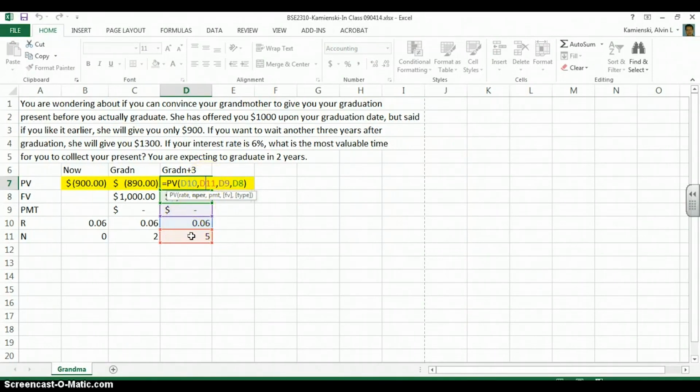D11 is now 5 years away. D9 represents the $1,300. And then we don't have to worry about payment. And the answer then, what would actually be the best for you?